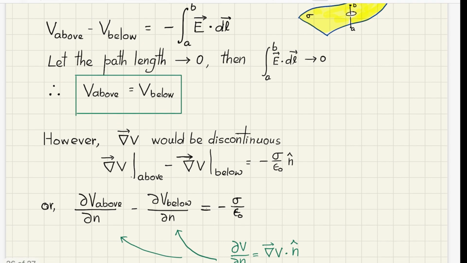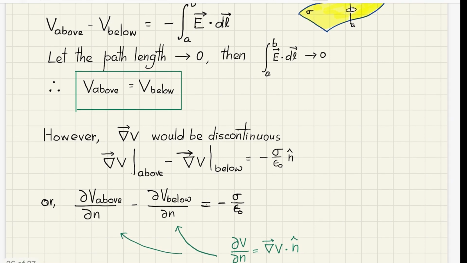What is this quantity, delta V above by delta n? That is nothing but grad V dotted with the n direction. That is what delta V by delta n means. So that undergoes a jump of minus sigma by epsilon naught.